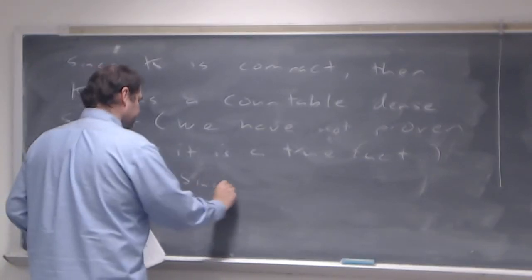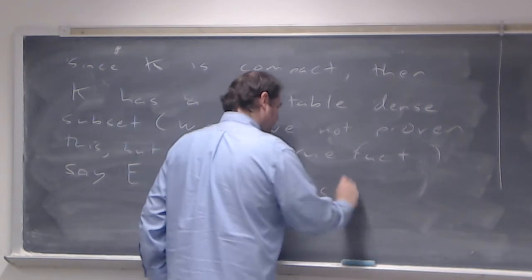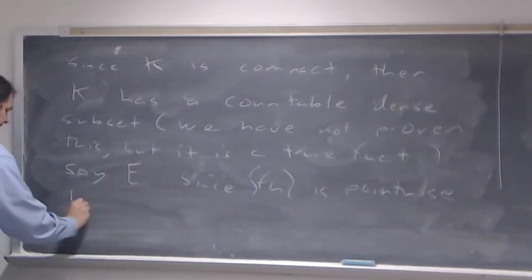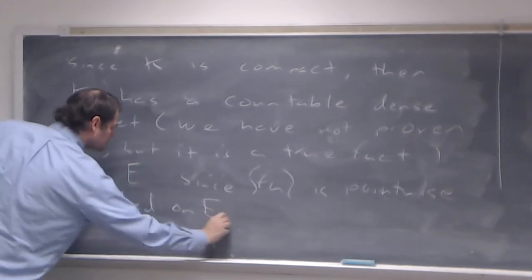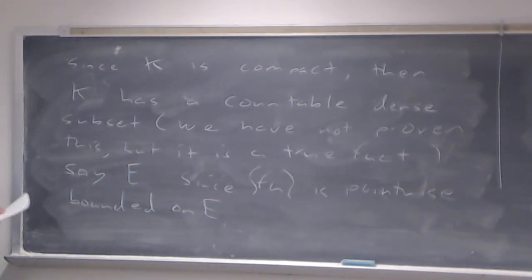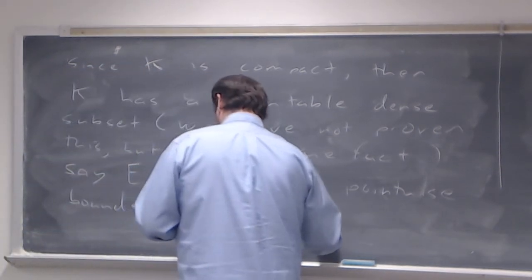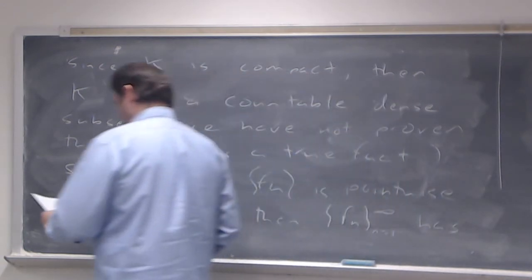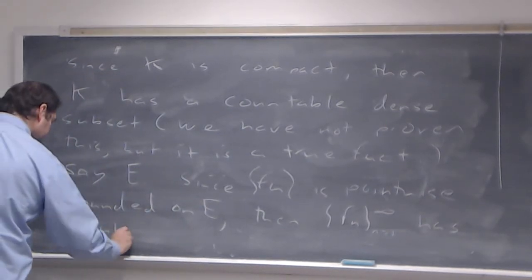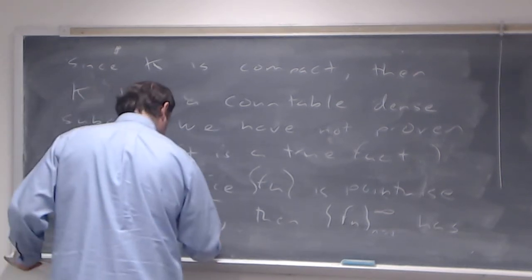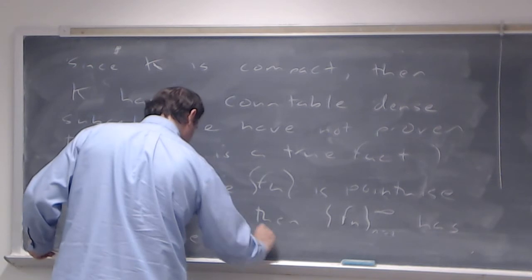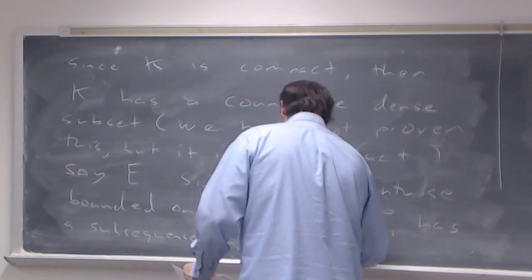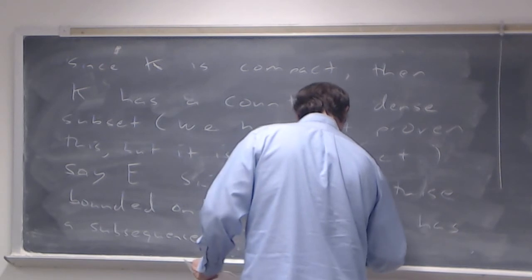Now, since f sub n is pointwise bounded on K, pointwise bounded on E, then by a previous fact, f sub n has a subsequence f sub n sub i such that f sub n sub i of x converges.